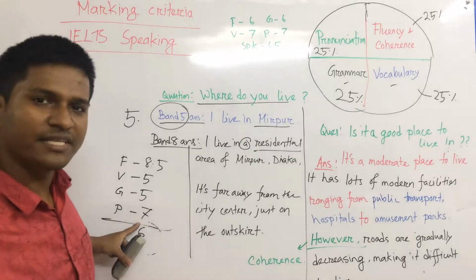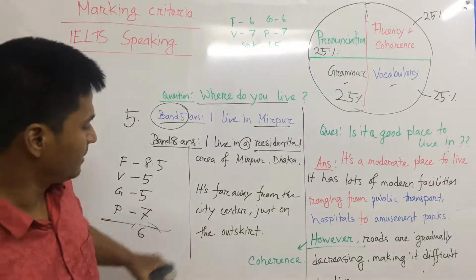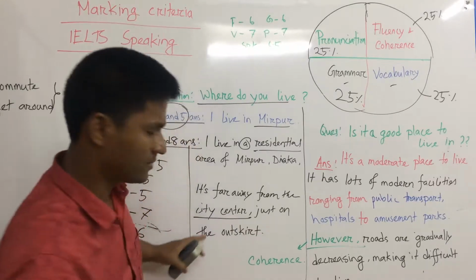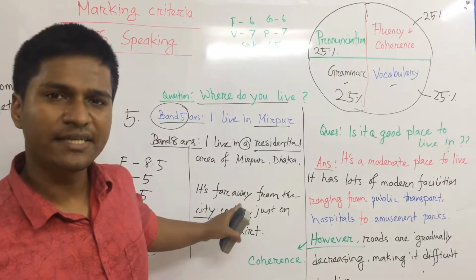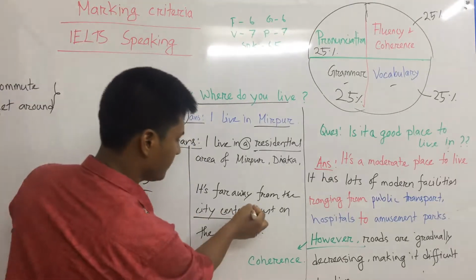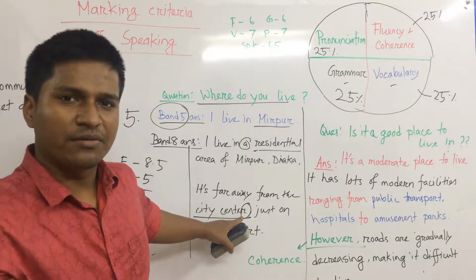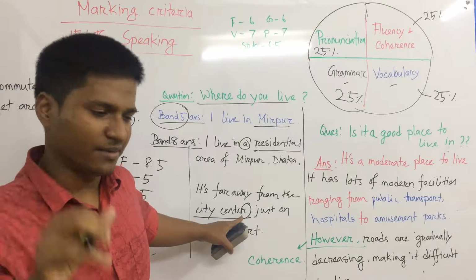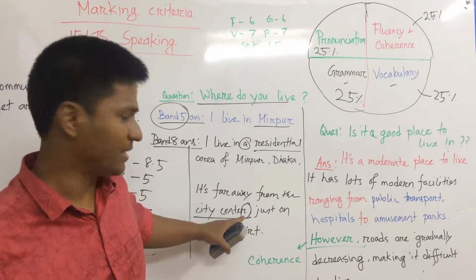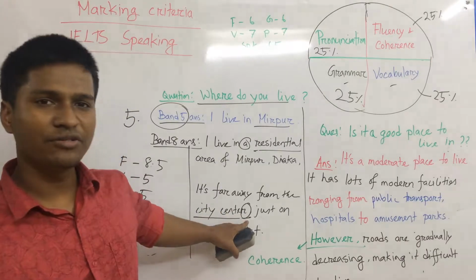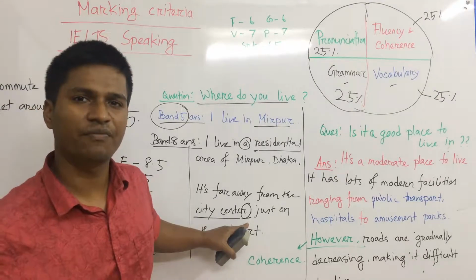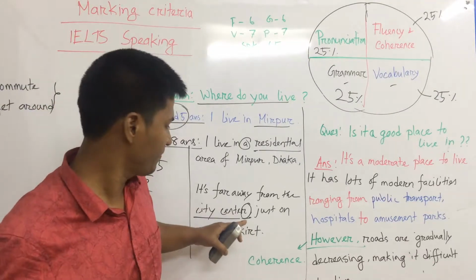Now here, city center. Here we have an R. If you want to get a good score in your IELTS speaking, you should be careful about this type of phoneme. Why?